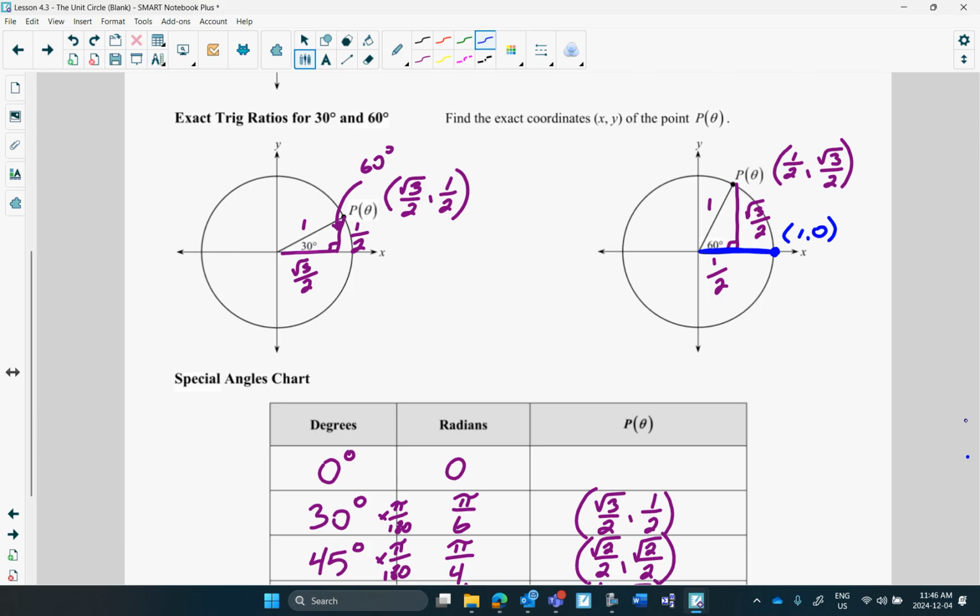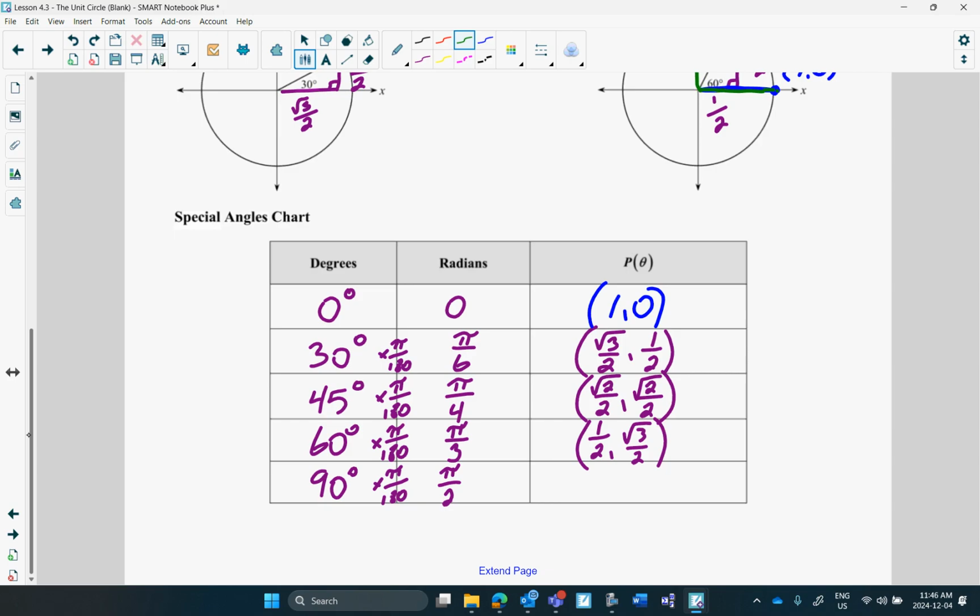So when we don't have an angle, or it's 0 degrees, the point will be 1, 0. If we have a 90 degree angle, it ends up here: 0, 1. And it's on the unit circle because this squared plus this squared equals 1. Now it's all connected. It's crazy.